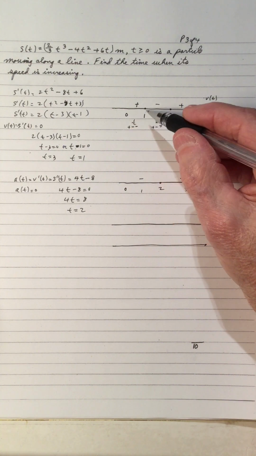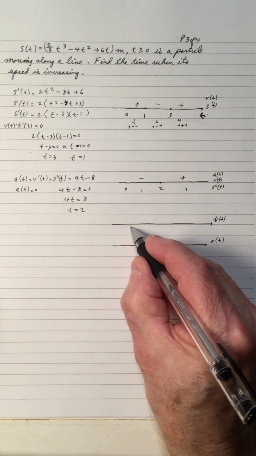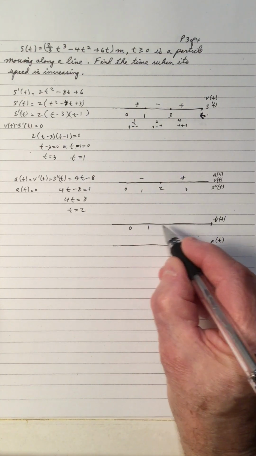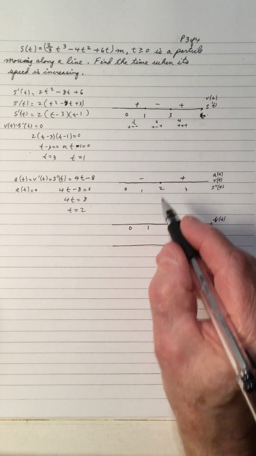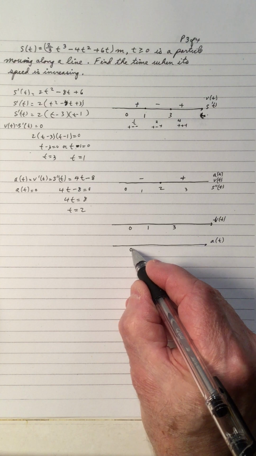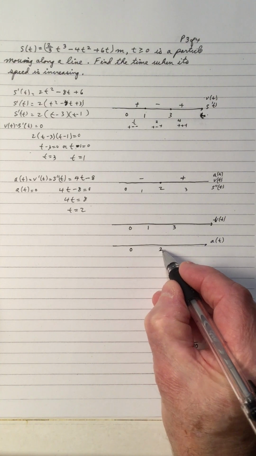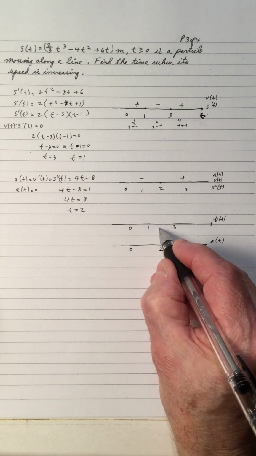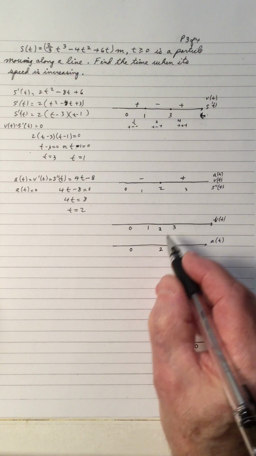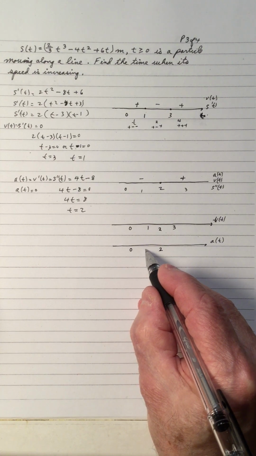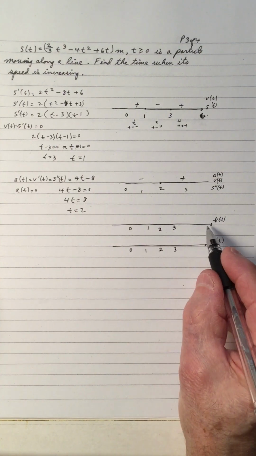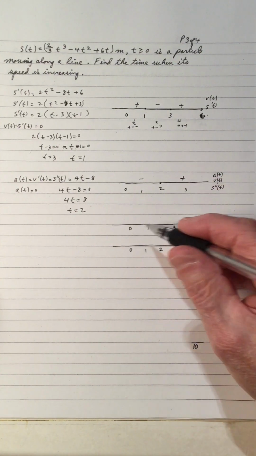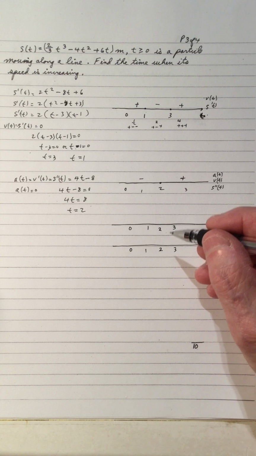So I have a 0, 1, and 3, and down here I have a 0 and a 2. So I have to take the 2 and put it in here also, and I had to put the 1 in and the 3 in. Now both lines have all the values for t.